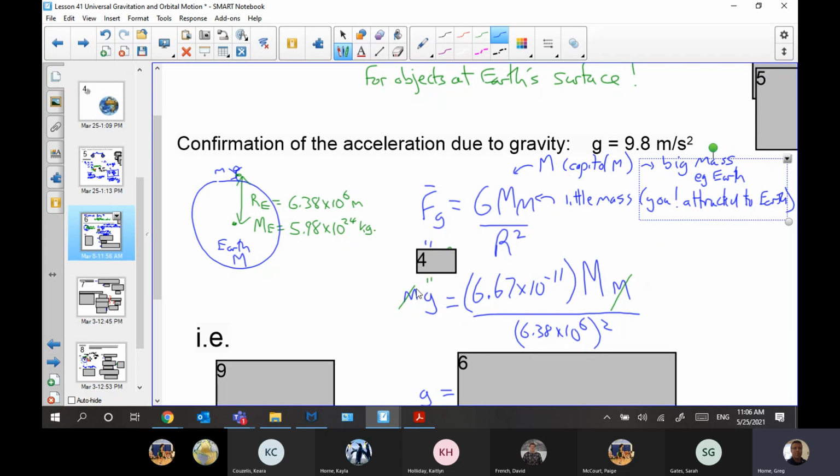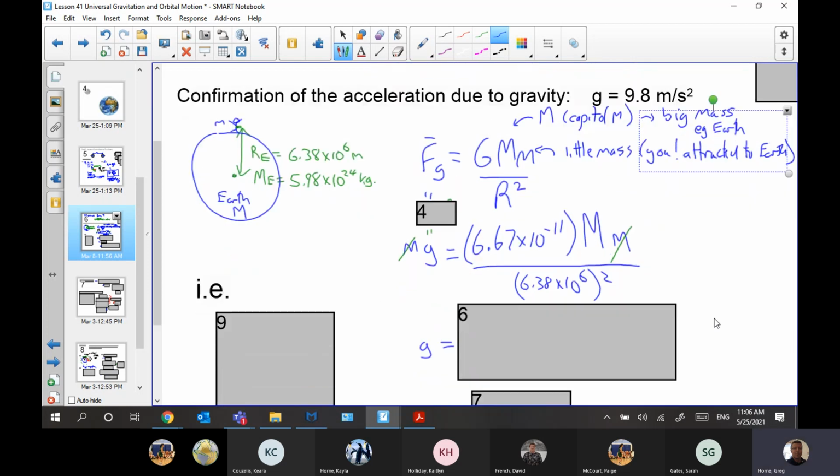So in our regular mg calculations, this would be your mass times 9.8, which should equal GMm over r squared, right? The little m is you, so you can actually cancel your mass out. Then you're left with just the mass of the Earth times the universal gravitational constant divided by the radius of the Earth squared.